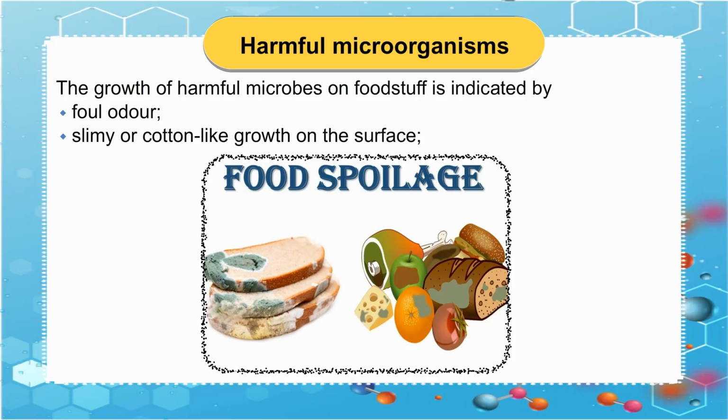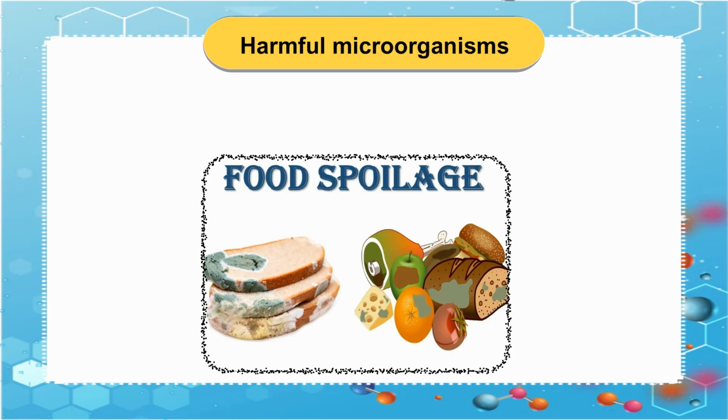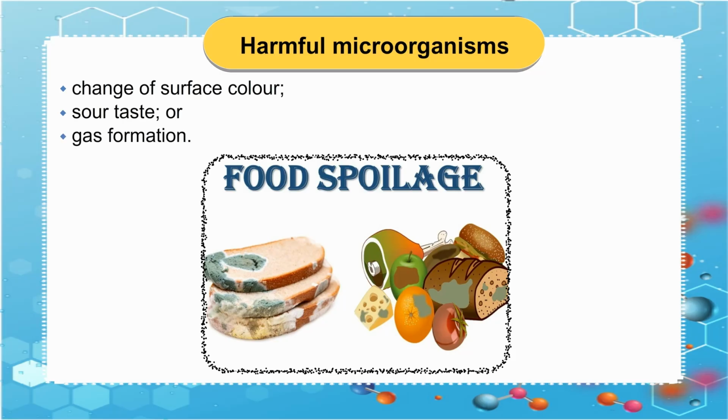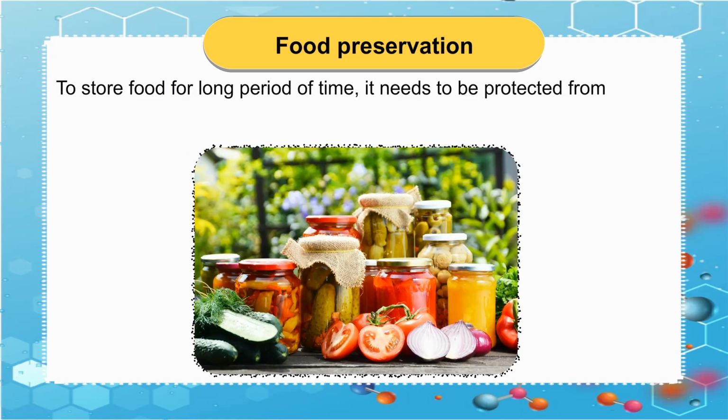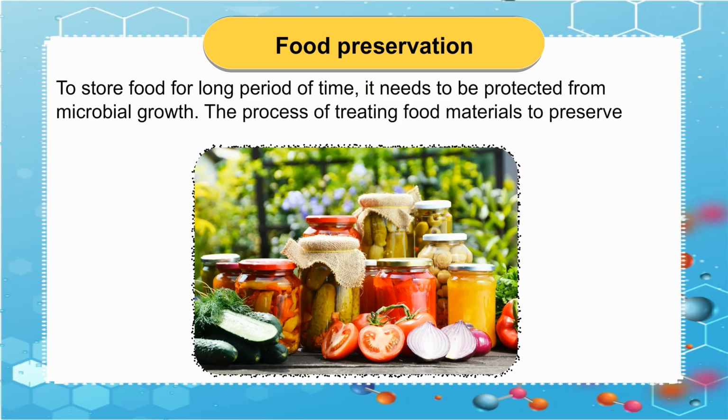The substance which helps in preserving food is known as preservative. Chemical preservatives such as sodium benzoate, C7H5NaO2, and potassium metabisulfite, K2S2O5, are used in squashes, ketchups and sherbets.